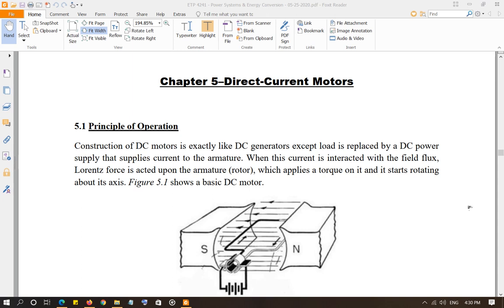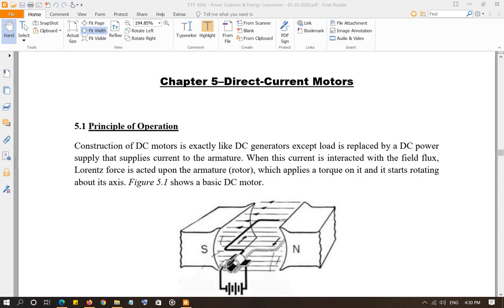And if the conductor is free to move, either about an axis or free to move in the space, then under the action of this force, it starts moving. Of course, in the motors, conductors or armature, it moves about an axis because it moves in a circular motion.